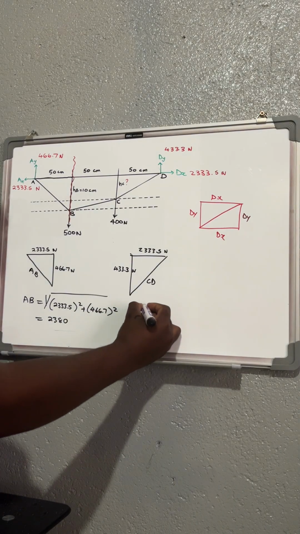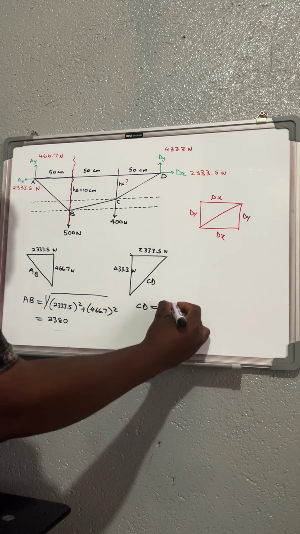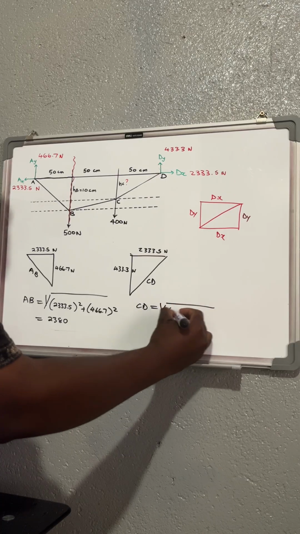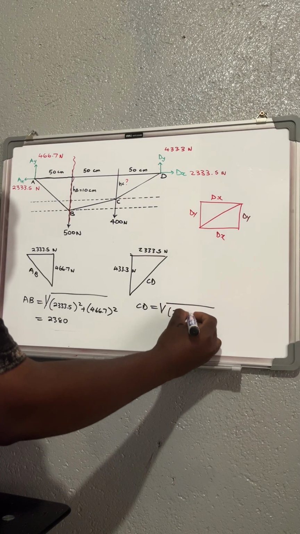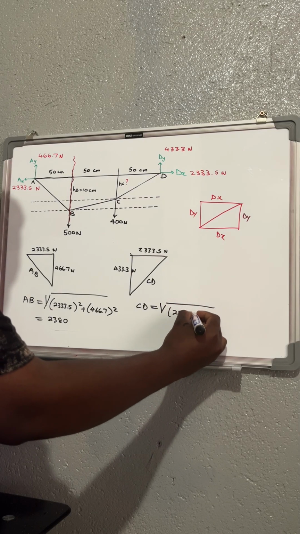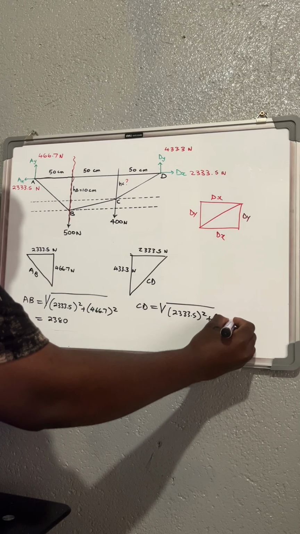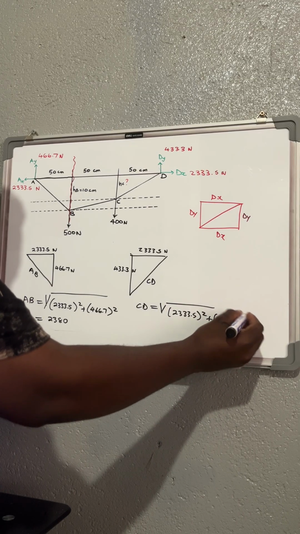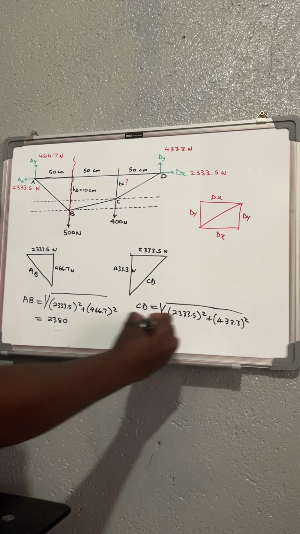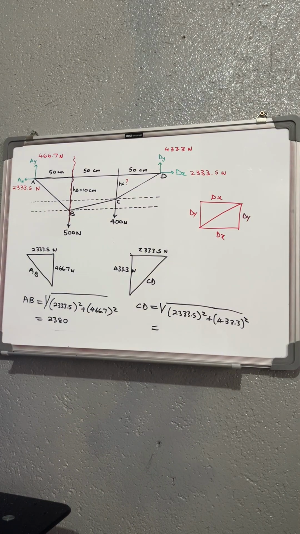Then this side, your CD will be equal to the square root of 2333.5 all squared plus 433.3 all squared. Then you get how much for CD? You get 2373.